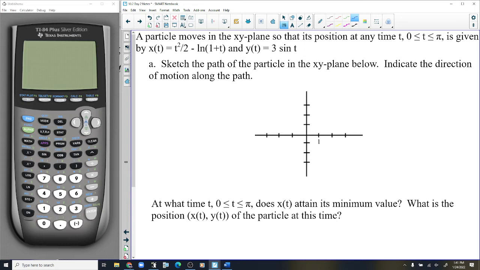The particle moves in the xy plane so its position at any time t is given by x and y. Sketch the path. Let's do that. Grab your calculators if you want to play along. All right, so we're going to go to parametric mode.